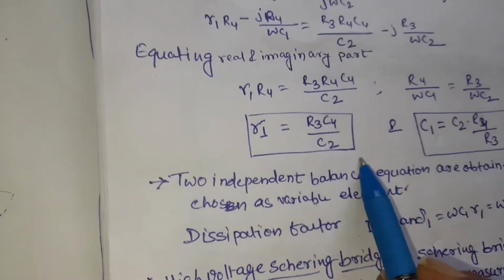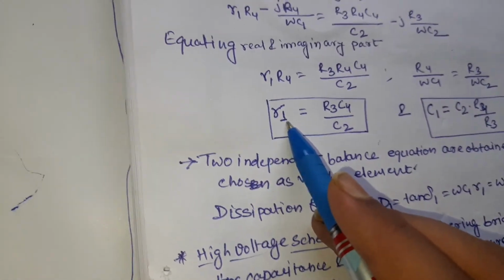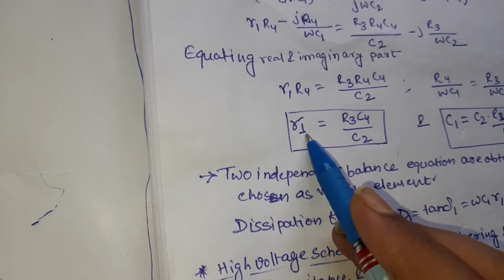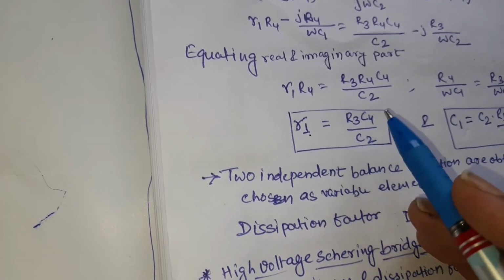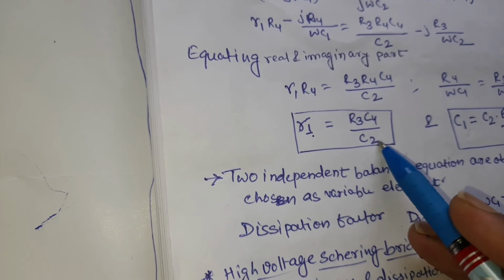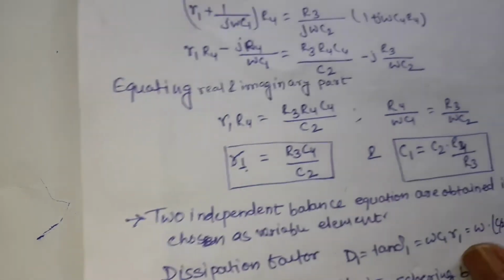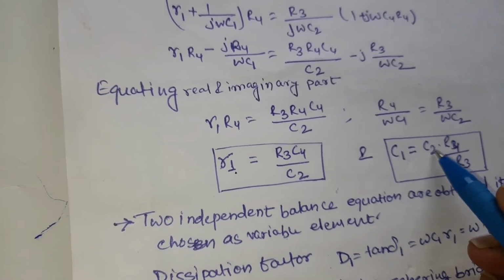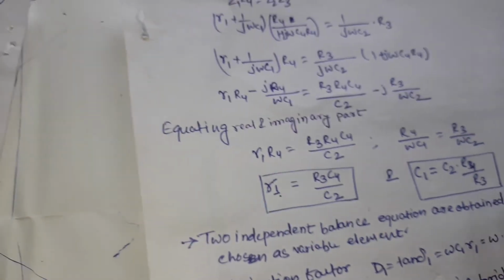Then we get the internal resistance of capacitor C1, that means R1 is equal to R4 into C4 by C2, and the unknown capacitance C1 is equal to C2 into R4 by R3.